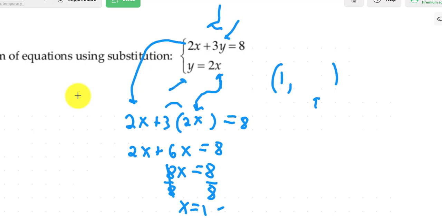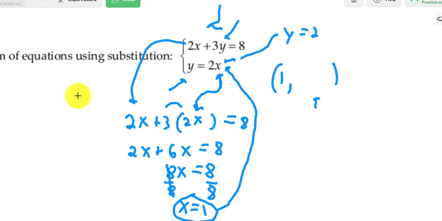So if I take x equals 1 and plug it back in, I can write y equals 2 times 1, which gives us 2. So my x is 1 and my y is 2, and the ordered pair is 1, 2.